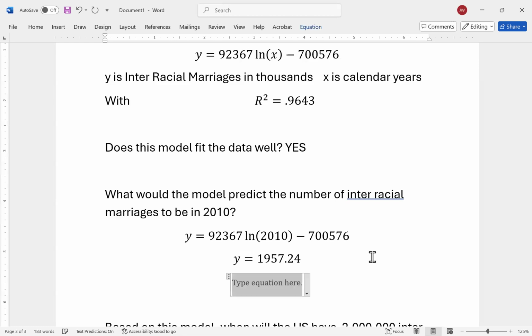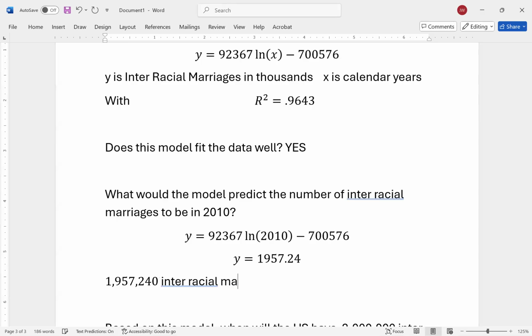And that would be 1,957,240 interracial marriages. That would be the prediction for 2010. So there you go.